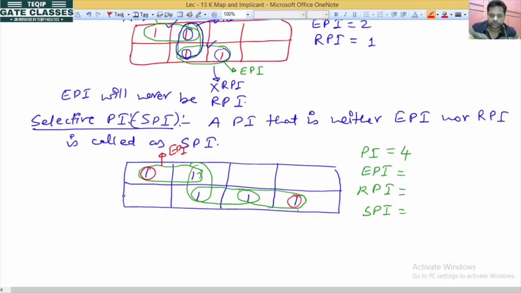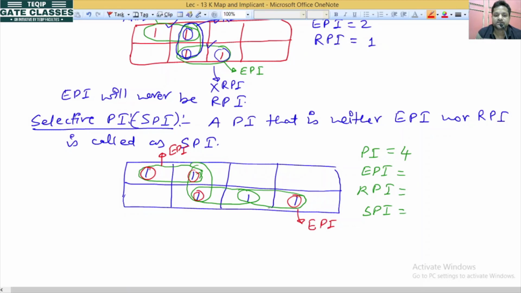Again, this one is not covered by another PI, so it is EPI. If you talk about this group, this cell is covered by a PI, and this cell is also covered by this PI.